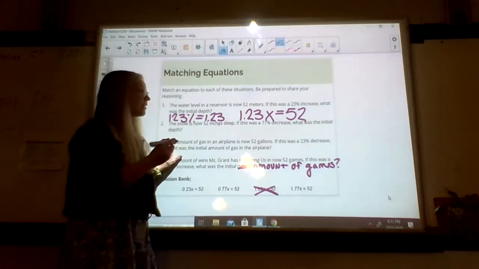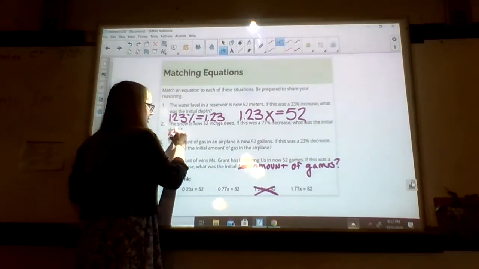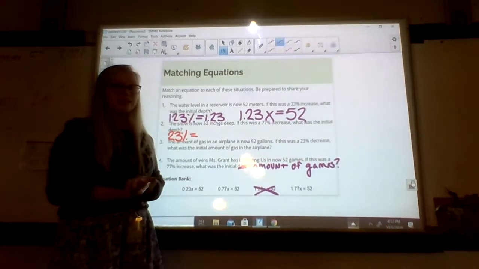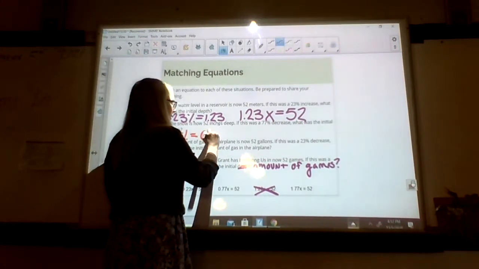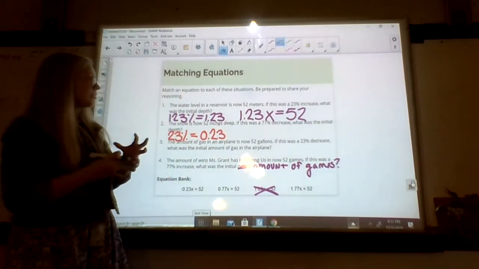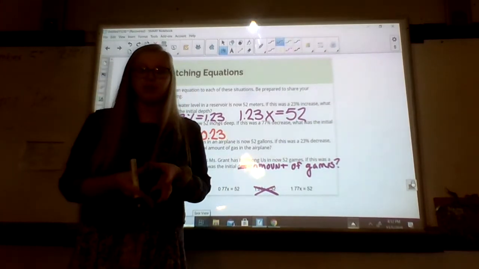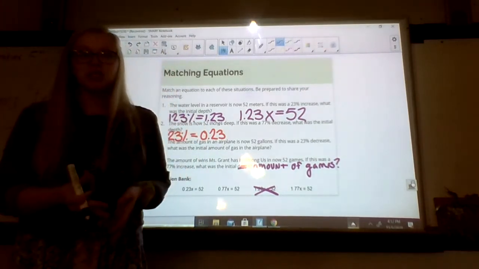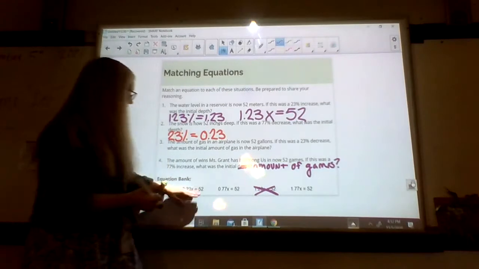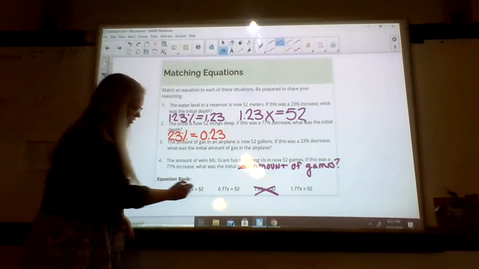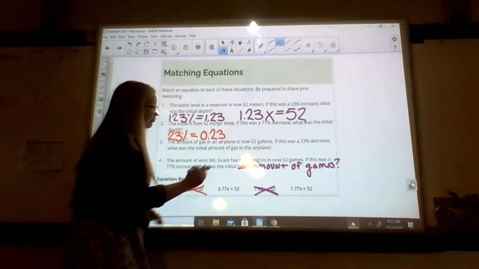So 100 minus 77 is actually 23%. 23% as a decimal is 0.23. So that means I'm taking 23% of the initial depth and getting 52. So 0.23 times the initial amount equals 52.